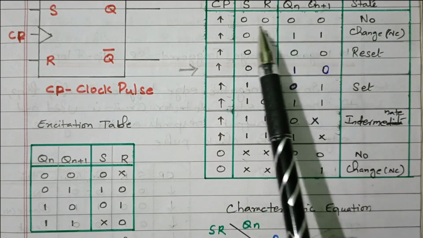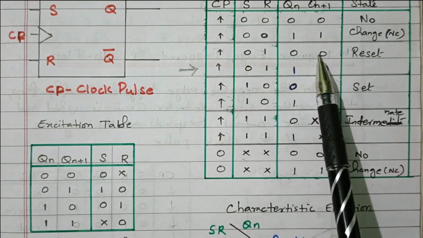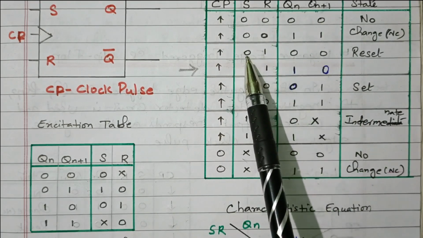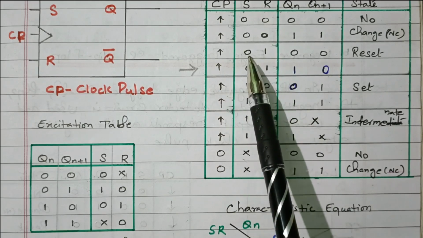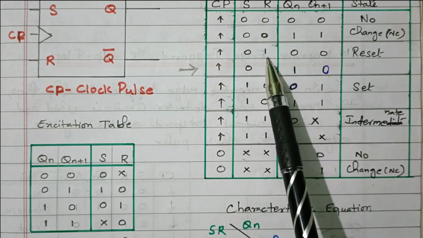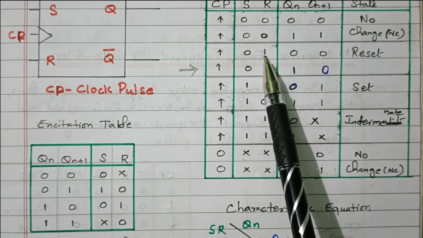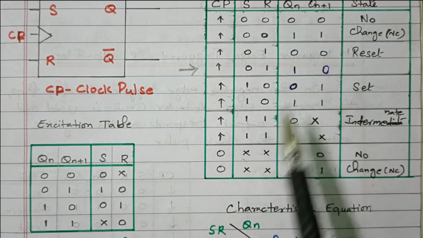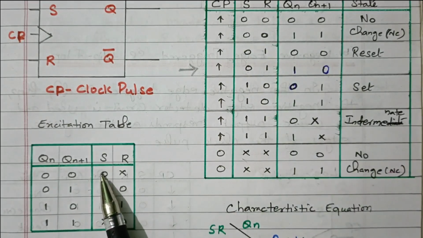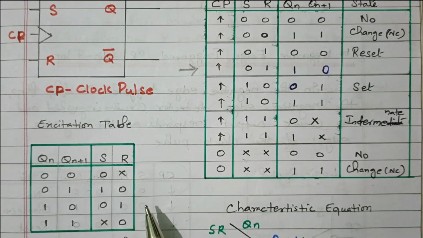For the first combination, S is 0, R is 0. For the third, S is 0, R is 1. So in both cases S is 0. Only R may be 0 or 1. So S equal to 0, R in any case, will get 0, 0 as the output. So S is 0, but R may be any value, that is represented as X.